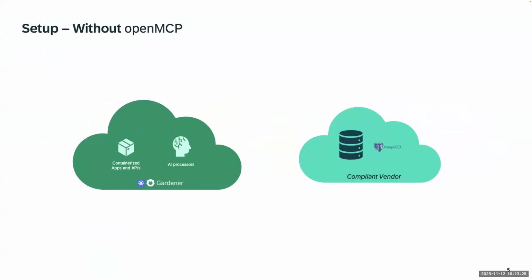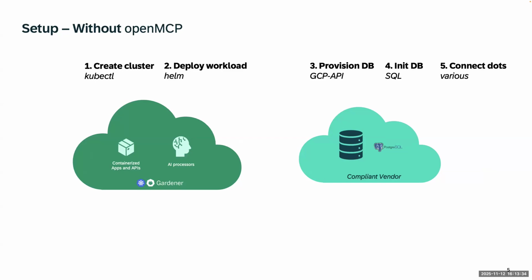Now, how would a setup, a provisioning, look without the Open Managed Control Plane? We would first create the workload cluster itself via kubectl, Cluster API, or whatnot. Then, after it's provisioned, we would manually deploy our Helm charts, customized KCL, CUE, whatnot on the cluster itself.